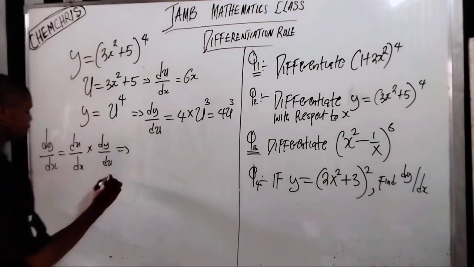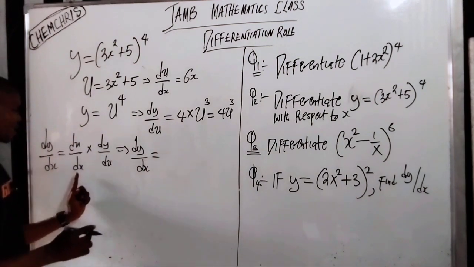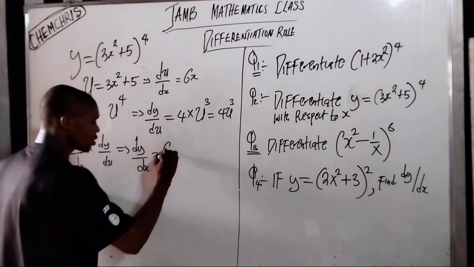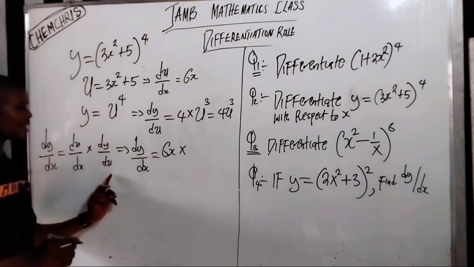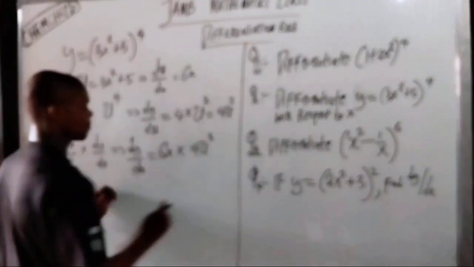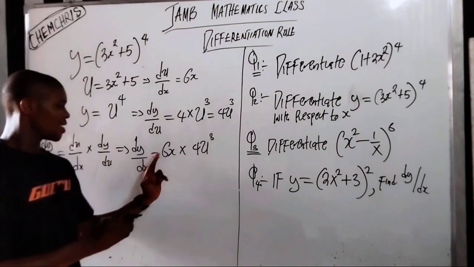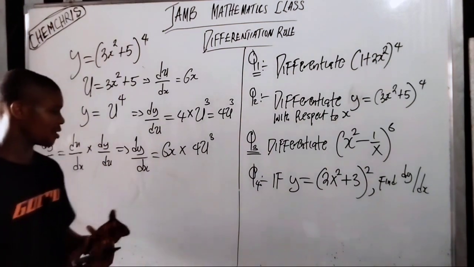So what will now happen here? dy over dx is equal to du over dx, which is 6x, times, remember you are multiplying here, right, dy over du, which is 4u raised to 3. Can you see that? So 6 times 4 is going to give you 24. So going to be 24x, right?